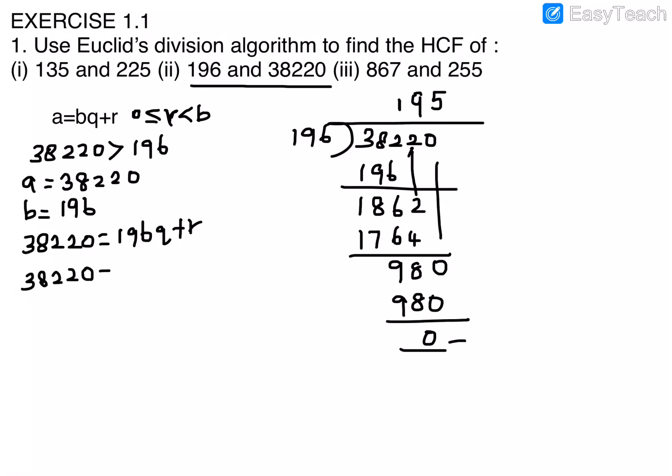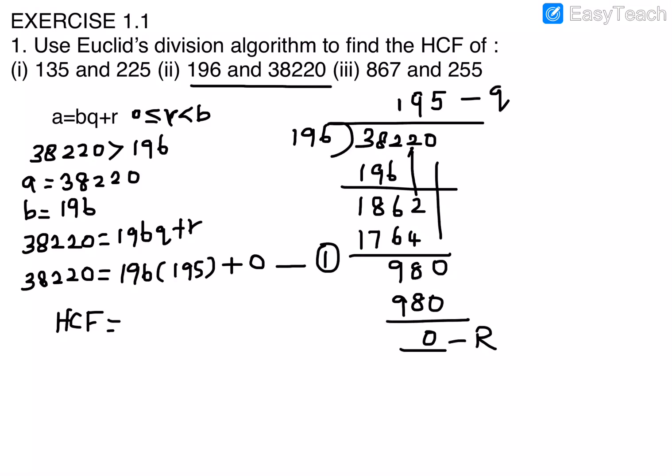So we are going to write Q and R. For Q 195, for R 0. So 196 into 195 plus R 0, which means we cannot proceed further. So I am going to write the HCF from this stage itself. Here our HCF is our last step divisor, which is 196. This is our HCF of these two numbers.